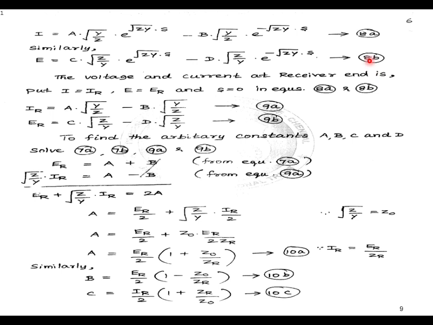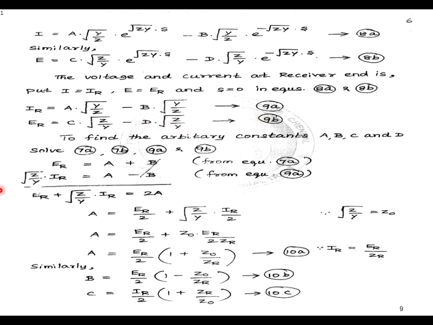If you are substituting 0, e power 0 is 1. So you get IR equal to A into root of Y by Z minus B into root of Y by Z, and similarly ER equal to C into root of ZY minus D into root of ZY. These are 9a and 9b.